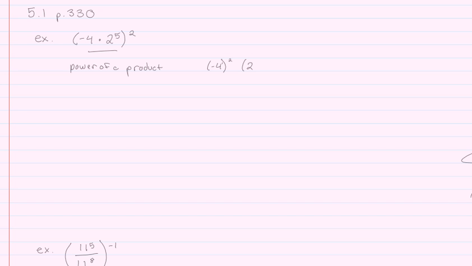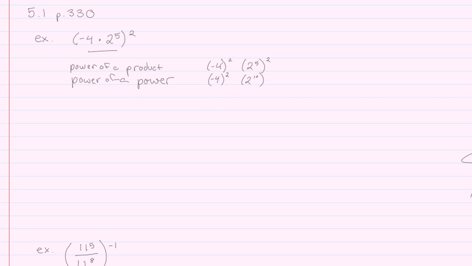And I'm also going to be squaring 2 to the 5th. So what happens is I multiply my exponents here, so that becomes (-4) squared and 2 to the 10th. Alright, and then if I were to actually go ahead and evaluate that, so that is power of a power.